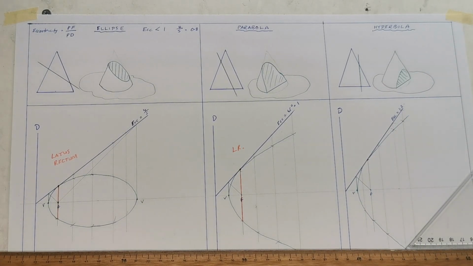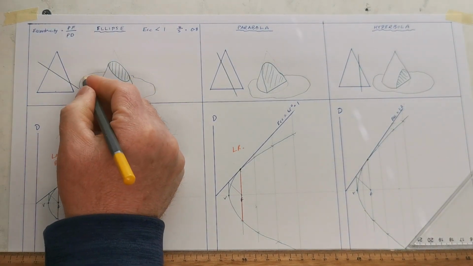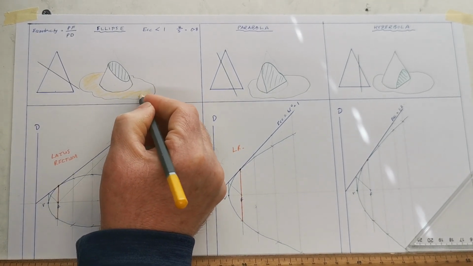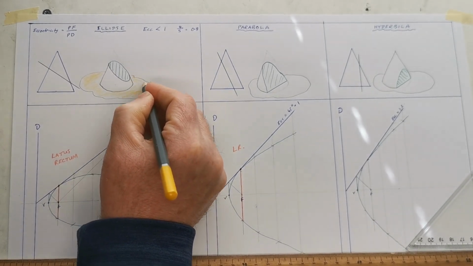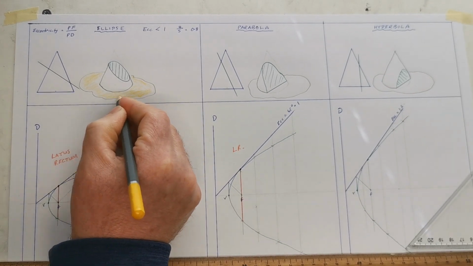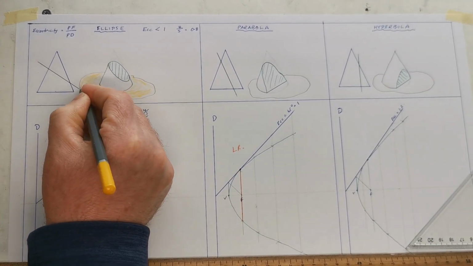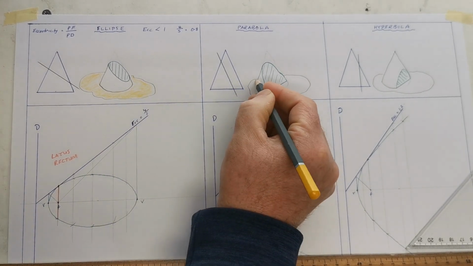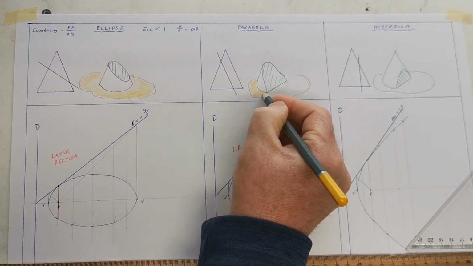Okay. And again there, just going to color these in. I just put a tiny bit of color on these again. I always think it helps the understanding. So this is the horizontal plane. Horizontal plane.